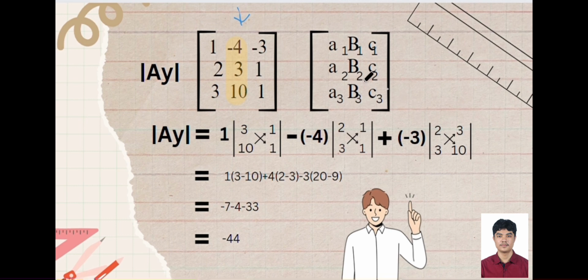AY determinant means we replace the second column of the A matrix with the answers of the equations, like this, as you can see. And then we repeat the next step, using the determinant formula. We find the determinant of AY, and we get the answer of determinant AY is negative 44.